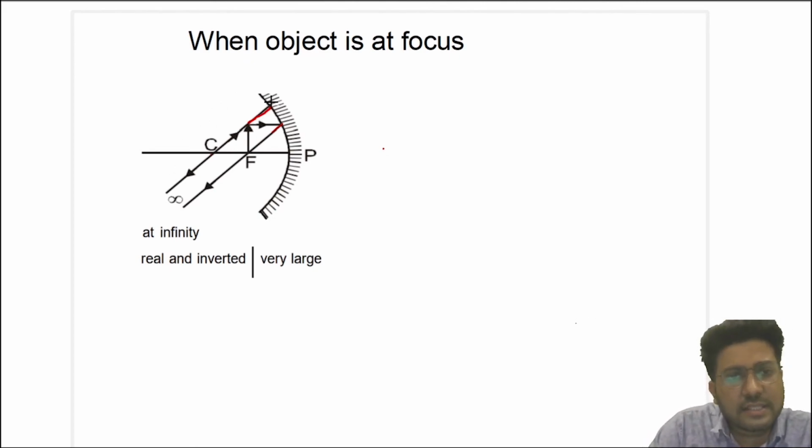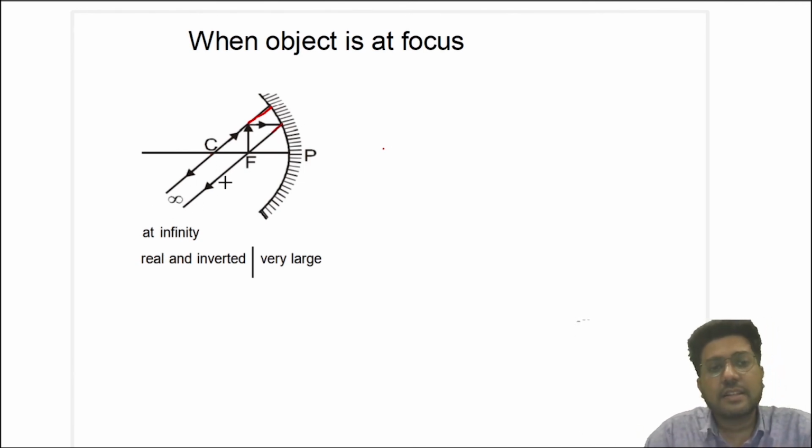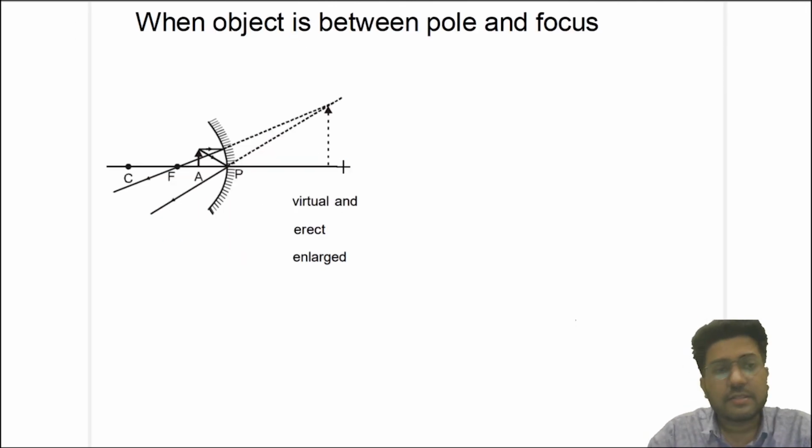So this is the one ray and this is one more ray. Both these rays are parallel, that means they will never intersect. They will intersect at infinity, right? So image is formed at infinity. So in this case the image is formed at infinity, right? And image is real, inverted and extremely large. It is so large that you cannot see it, right?